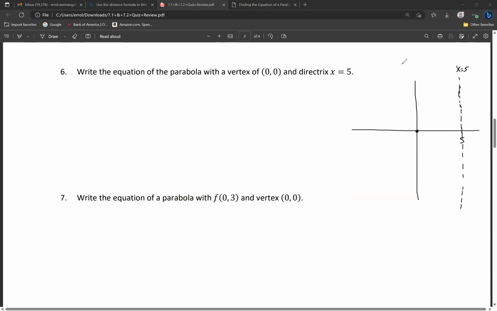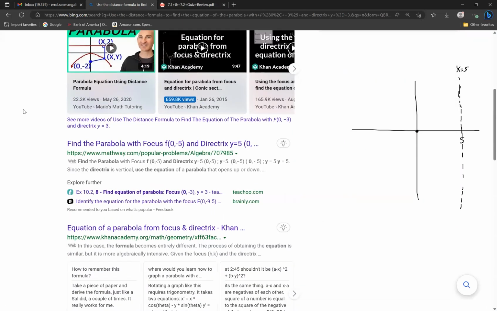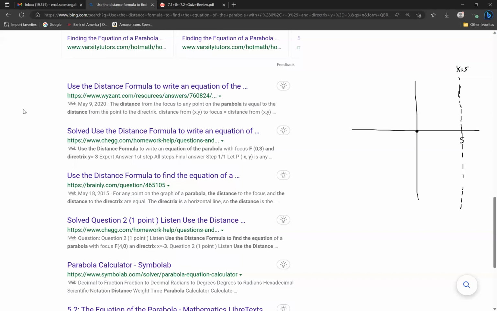Write the equation of the parabola with this vertex and this directrix. All right, this one I have to see an example. Let's find an example like that. So your teacher doesn't give you questions in class like this?